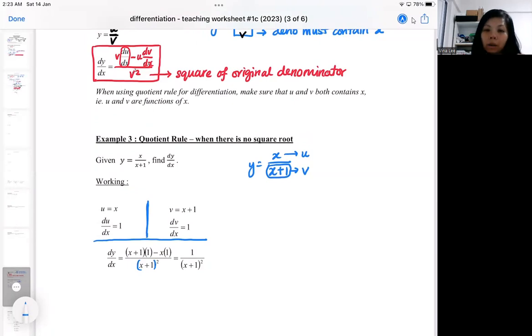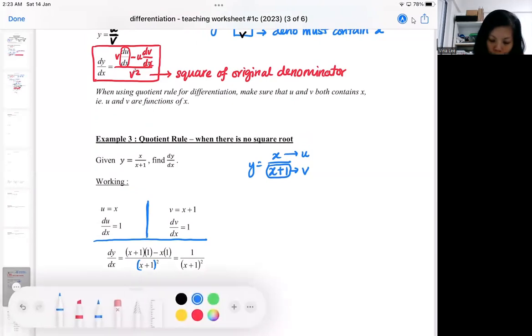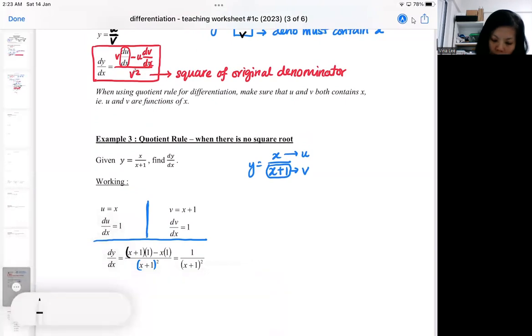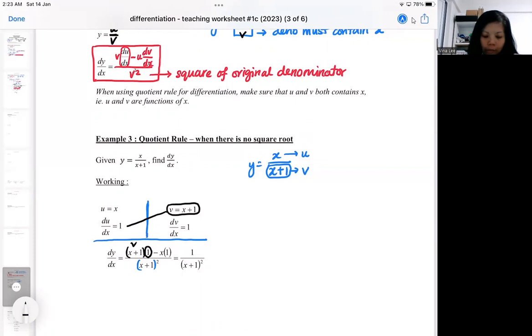And then for the numerator, this is the function v, multiplied with du dx. And then you are going to subtract the function u, which is just the x, multiplied with dv dx.